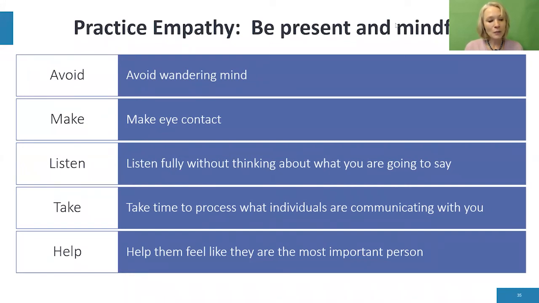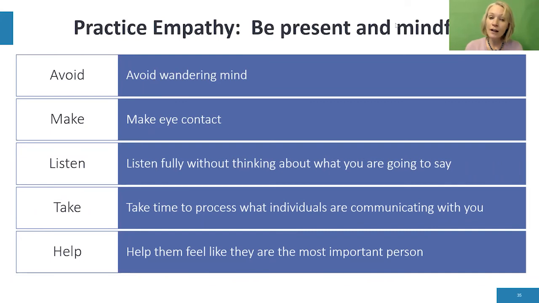A lot of times what we tend to do in this type of situation is say, oh, I know, I understand, this happened to me. And then you go on into your own story. But you want to make certain you don't do that so much.